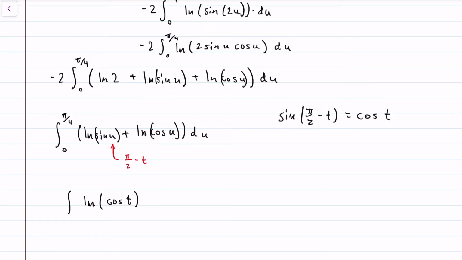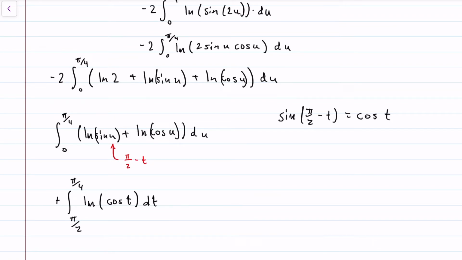And if u is equal to pi over 2 minus t, then du is negative dt. The limits change as well. Pi over 2 minus pi over 4 is pi over 4, and pi over 2 minus 0 is pi over 2. And then, of course, you can flip these limits by negating this sign.